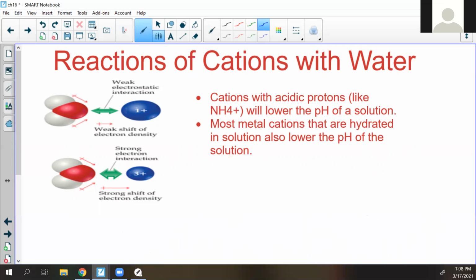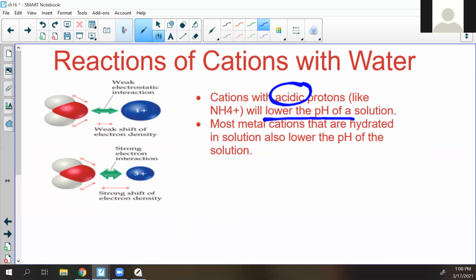So listen, anions act as bases. Here we go. Reactions of cations with water. A little different here. Cations with acidic protons like NH4 plus will lower the pH of a solution. That would sort of make sense. If I add something acidic, the pH gets lower, which means it becomes more acidic. Most metal cations that are hydrated in solution also lower the pH of the solution.